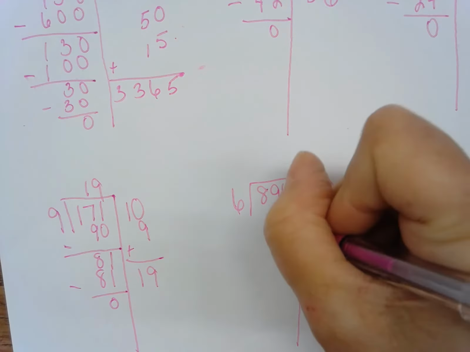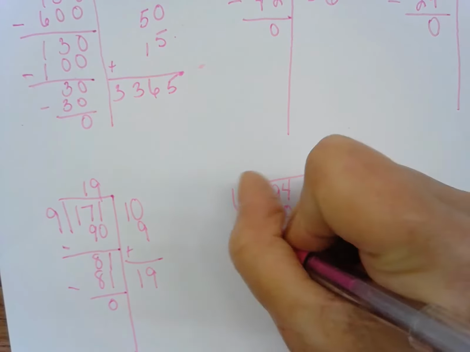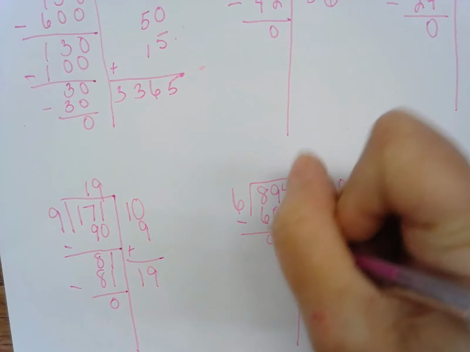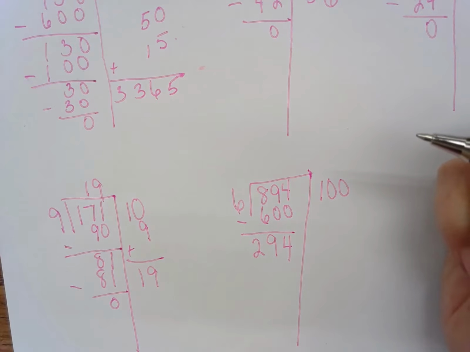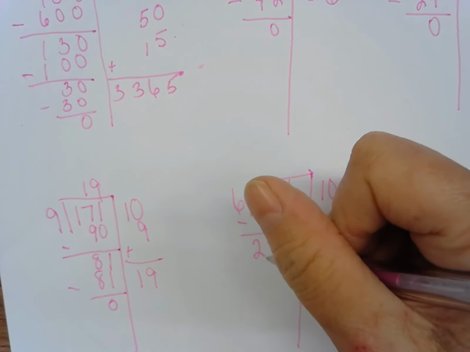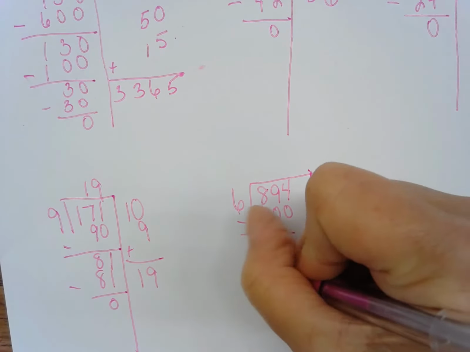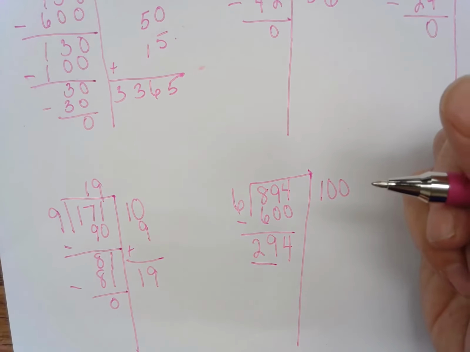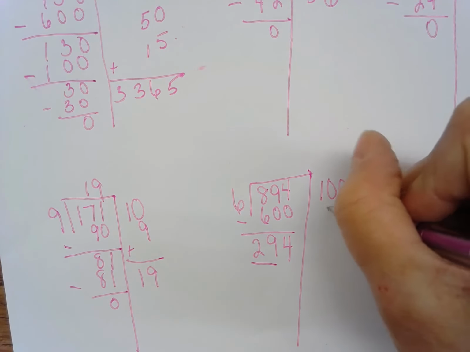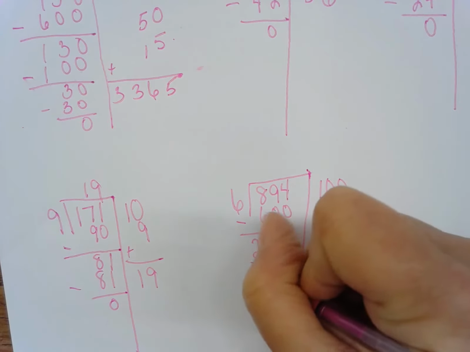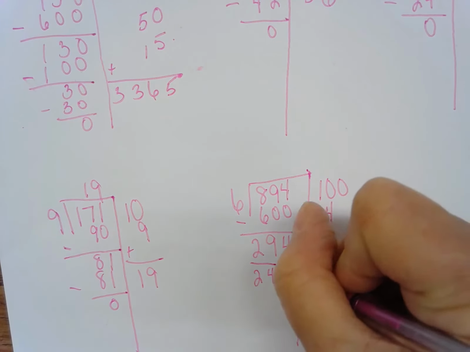So 100 times 6 is 600. 4, 9, 2. Now 6 can't go into 2, but 6 can go into 29 4 times. 4 times 6 is 24, and there's a space here, so we're going to add a 0.